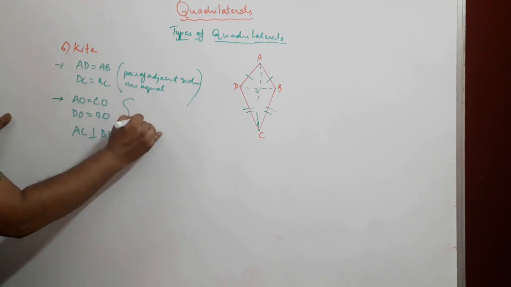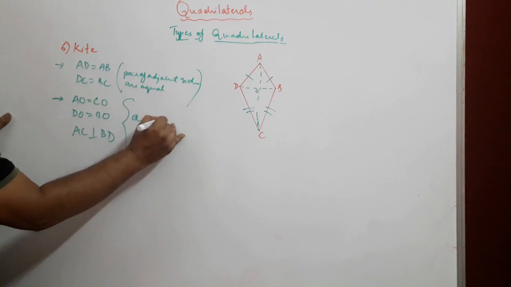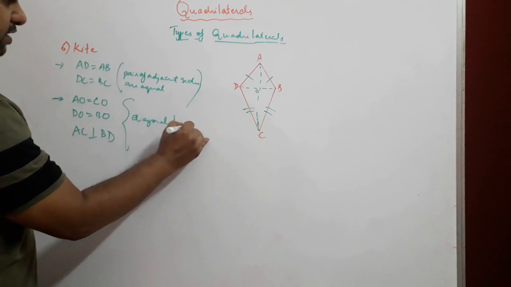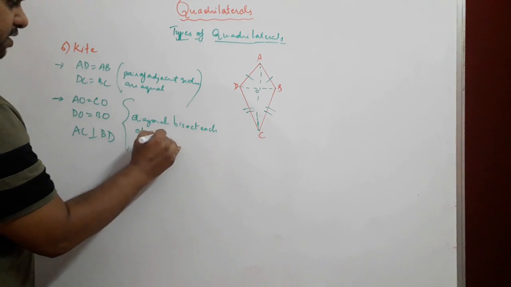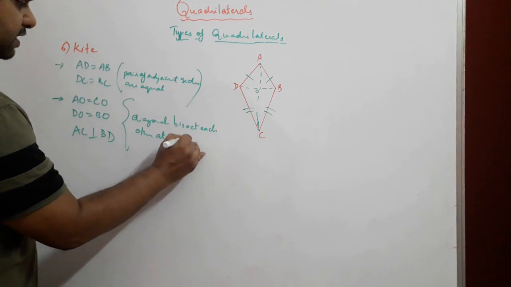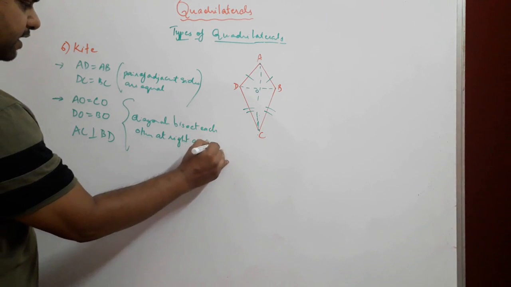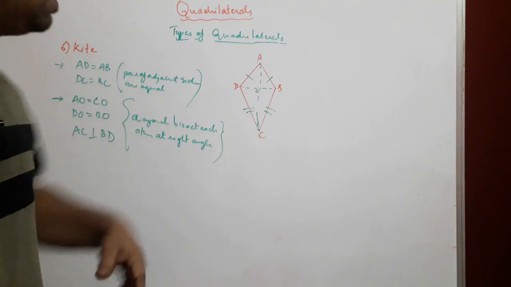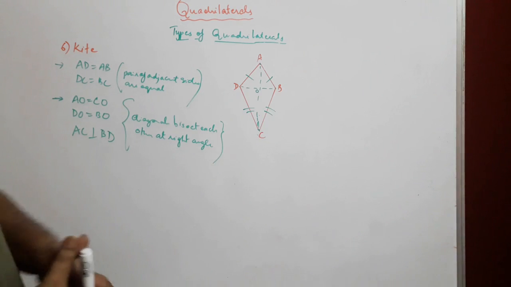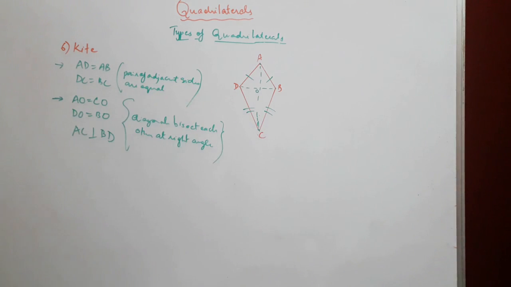So diagonals bisect each other at right angles.